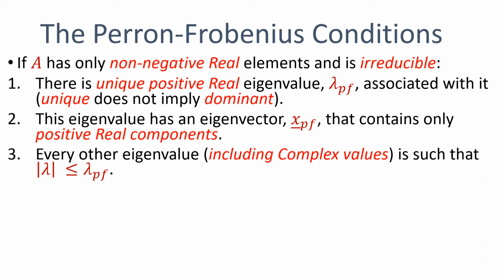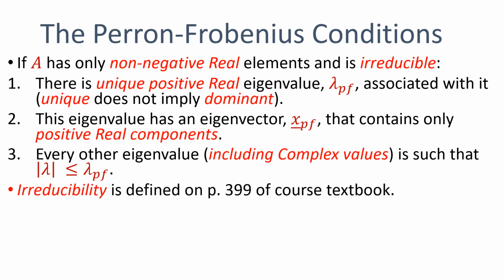If we take any other eigenvalue associated with such a matrix, and this is including complex number values, all of these satisfy that their size is less than or equal to the size of this Perron-Frobenius eigenvalue. Now, what I mean by irreducibility, the technical definition is given in the course book.